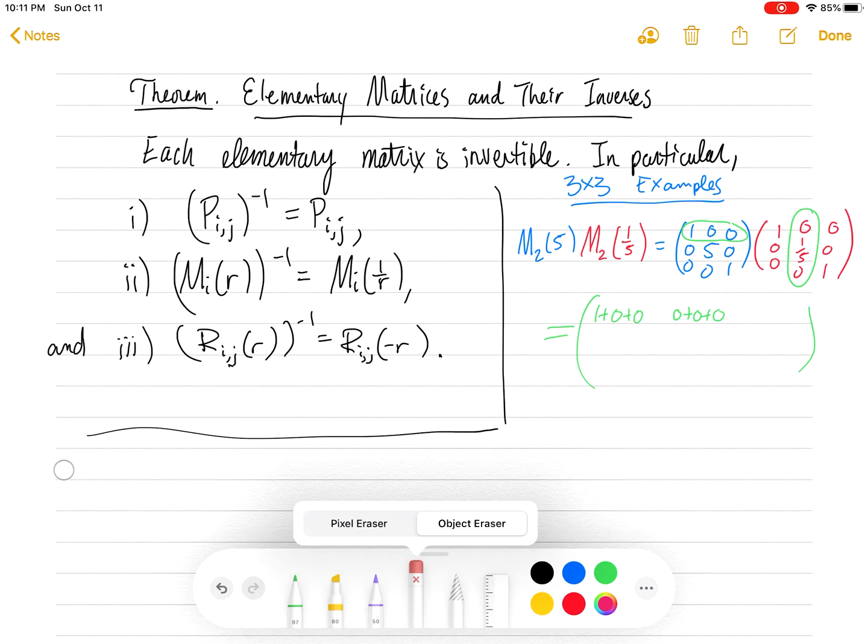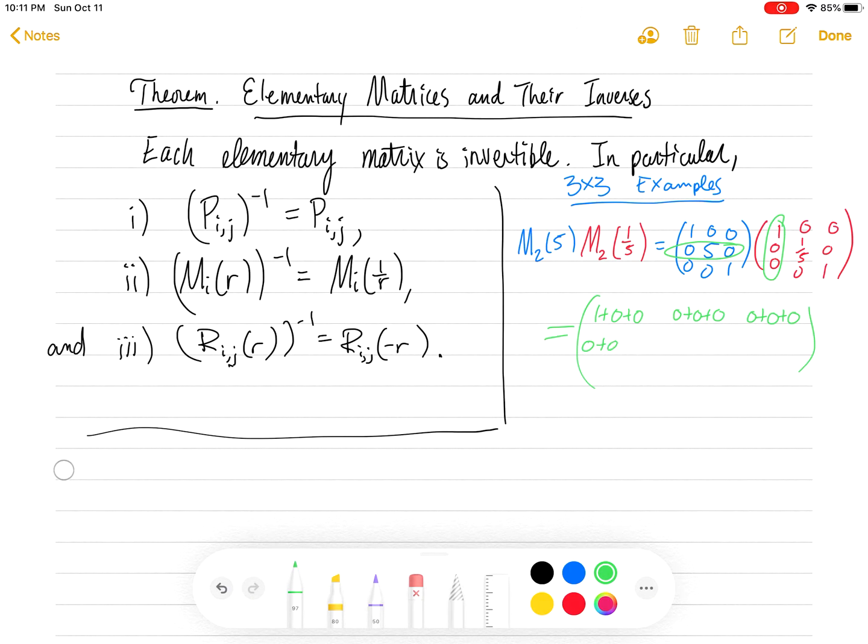First row, first column, dot product is 1 plus 0 plus 0. First row, second column, dot product is 0 plus 0 plus 0. First row, third column is 0 plus 0 plus 0.